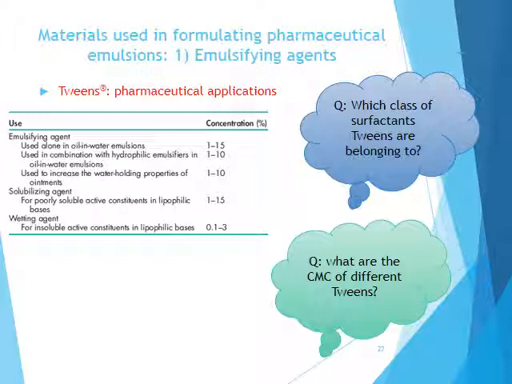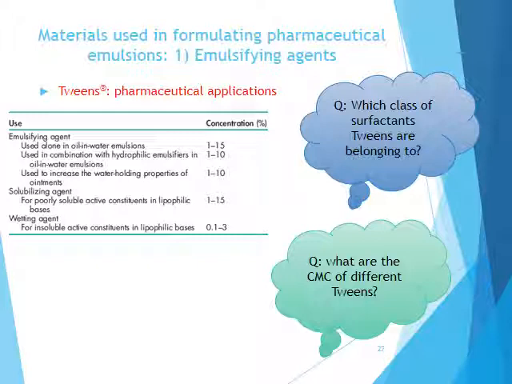Now I have two questions mentioned in this slide. The first question: which class of surfactants do tweens belong to? As you know, surfactants can be classified into ionic and non-ionic. The ionic could be cationic, anionic, zwitterionic, but we don't know what type of surfactants tweens belong to, so this is something you need to have a look at.